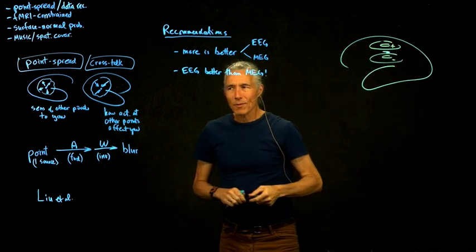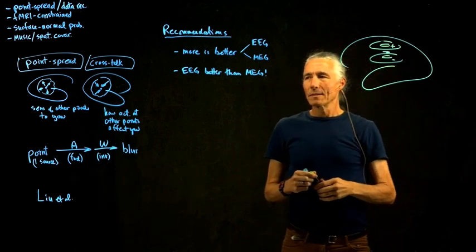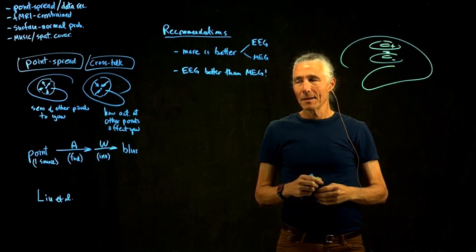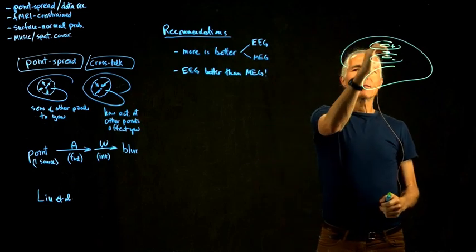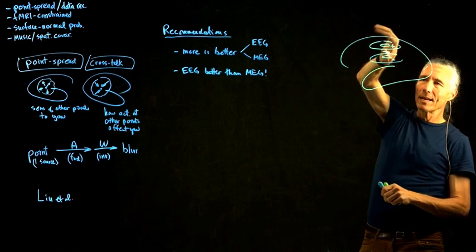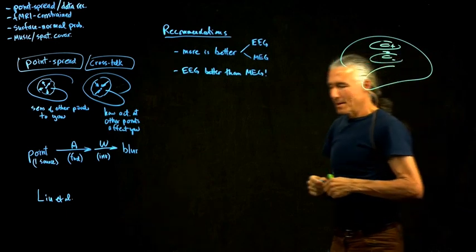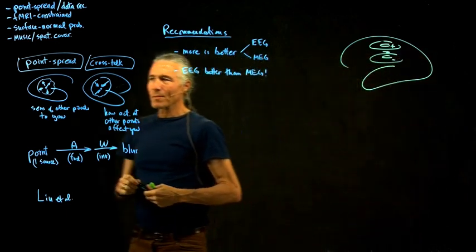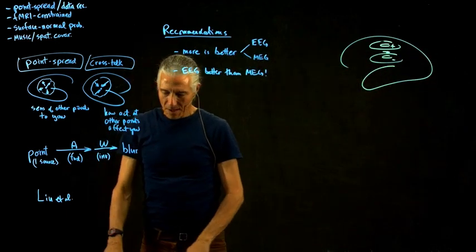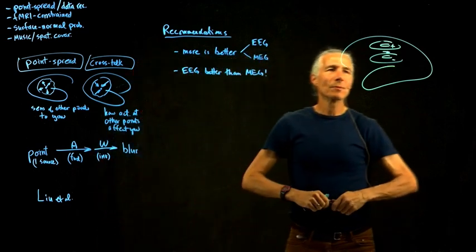But now let's consider what would happen if the dipole was perpendicular to the head. Say the current is going like that, coming out like that, that's going to cause the magnetic field to go around this way. The result is that you essentially won't see any visible signal.